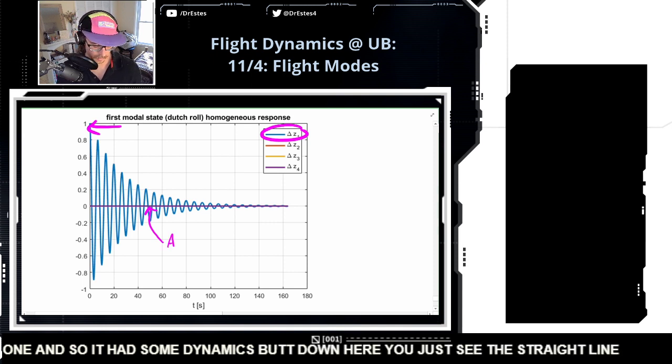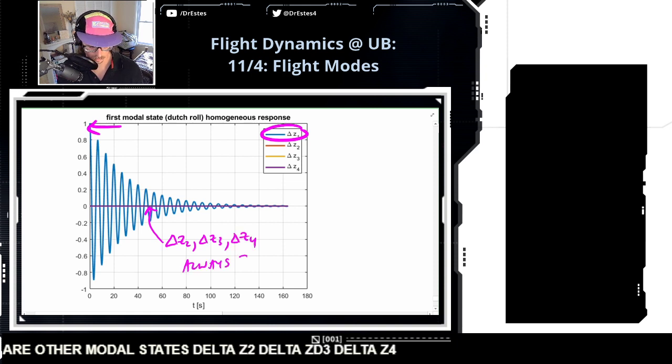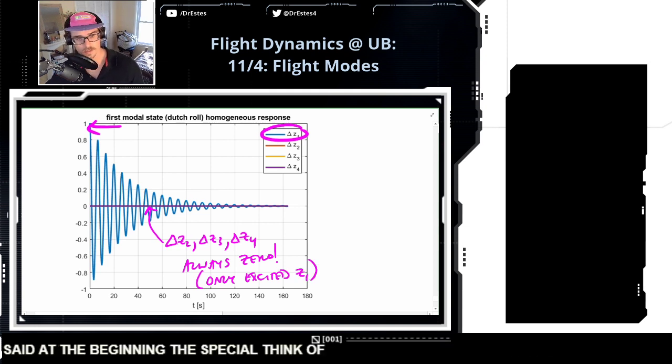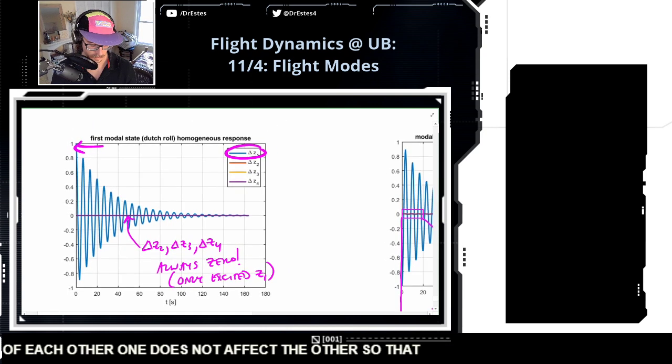So our other modal states, delta Z2, delta Z3, delta Z4, always 0. Only excited Z1. And like I said at the beginning, the special thing about modes is that they're totally independent of each other. One does not affect the other. So that's why the other modes did nothing.